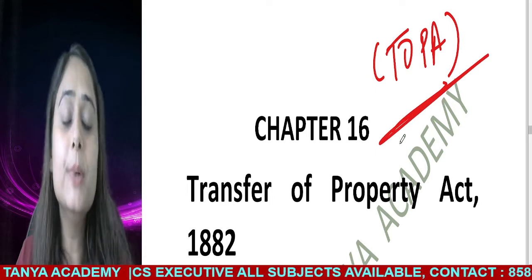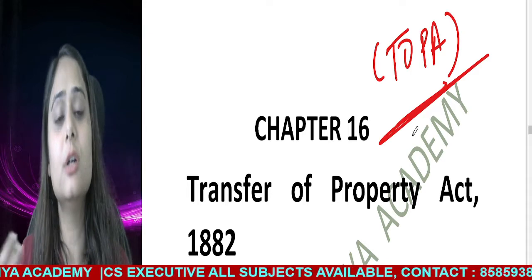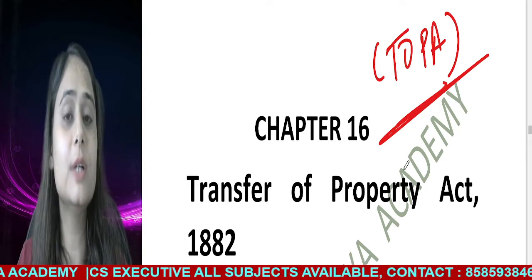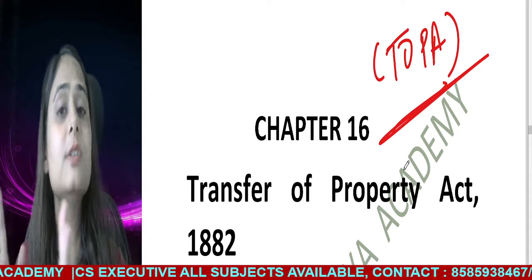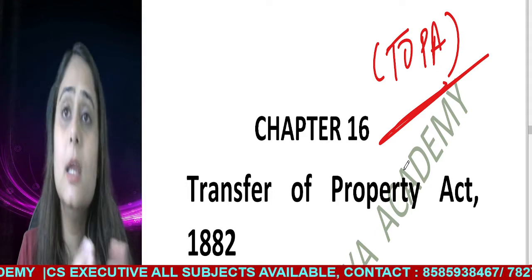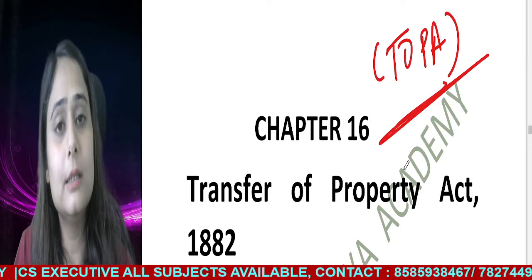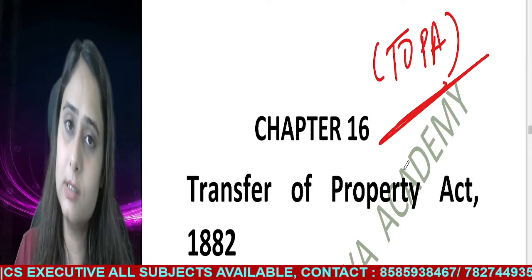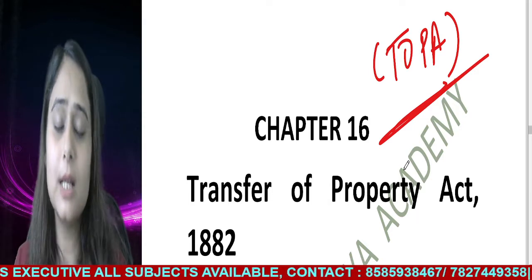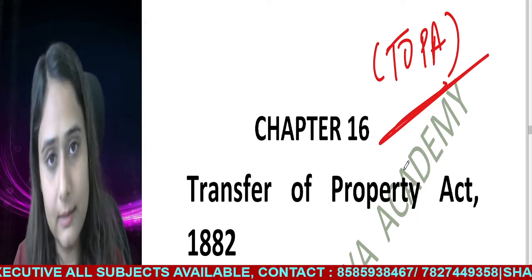Now, when we hear the word property, we know that it has been bifurcated into two segments. First is movable property and the other is immovable property. I don't have to go into more detail about what is movable and what is immovable. We all know that something which can be taken to places is movable, right?